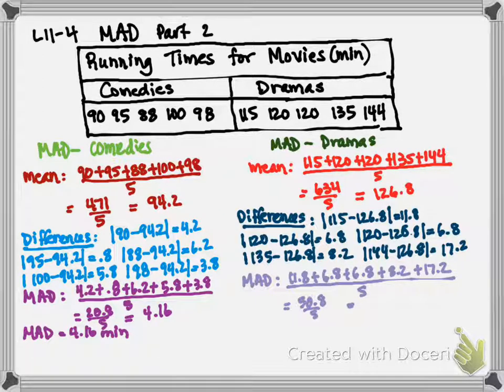Do long division, and we get 10.16. So the MAD for dramas, mean absolute deviation, is 10.16 minutes. That means each movie, on average, is 10.16 minutes away from the mean of 126.8.